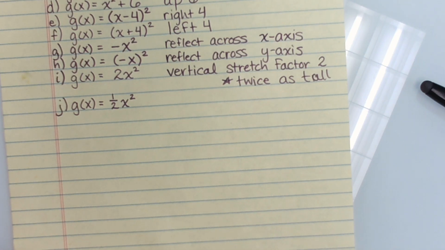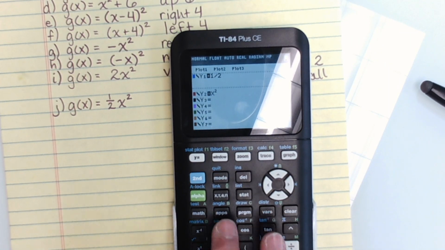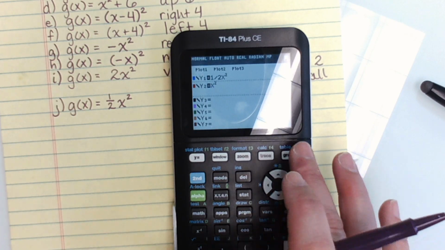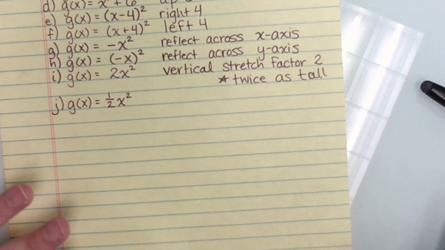What do you think is going to happen when I put a 1/2 in? And a 1/2 is just 1 divided by 2, to put it into a calculator. Vertically, it got smushed down, compressed, shrunk. I don't care which word you use.